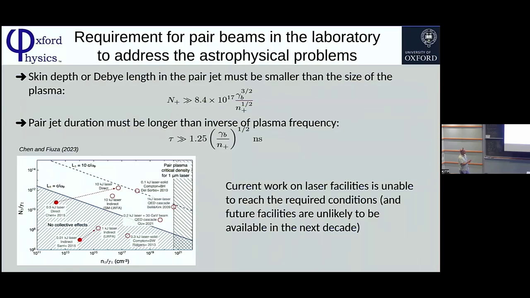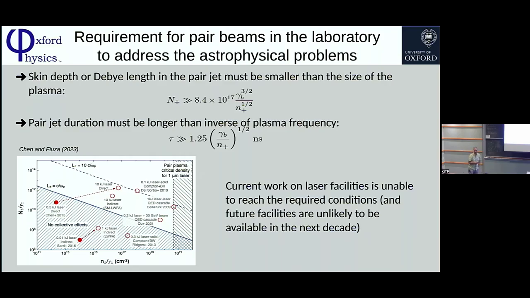The other requirement is that the beam has to be longer than the inverse of the plasma frequency in order for any type of instabilities to have sufficient time to develop. So this puts a requirement on the number of electrons and positrons, and the second condition puts a requirement on the density of electrons and positrons.